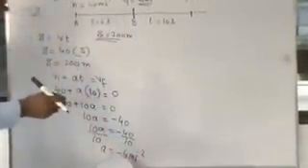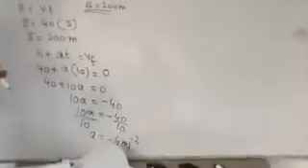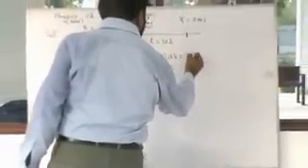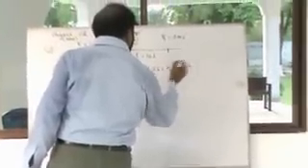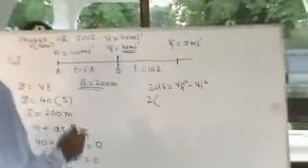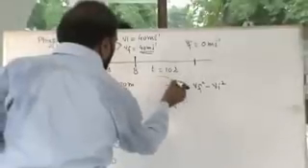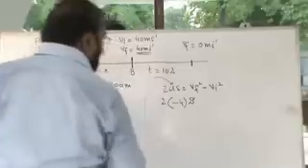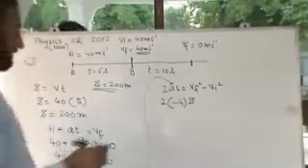Now we can calculate the distance traveled. 2As is equal to Vf square minus Vi square. 2 times acceleration, which is minus 4, times S, the distance traveled we have to calculate.